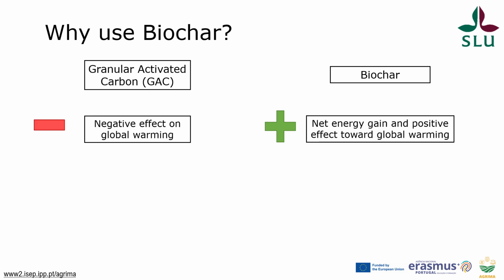However, this one has quite a negative effect on global warming. It has a negative CO2 impact. If you compare it to biochar, since biochar is generally made from waste products like sewage sludge, we see that we can gain a net energy gain, and we can even have a positive effect on global warming, because it's much better if these waste products don't rot on a waste pile or a landfill, or get thrown onto agricultural land.